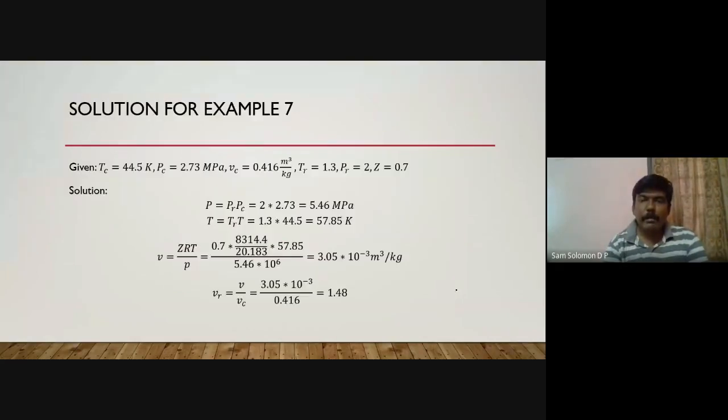A very simple problem only. Here we have not used the chart. All the values are given to us in the problem. We have just substituted the values and we have ended up getting this particular answer. A very simple problem in compressibility chart, and that too the values are given straight away. We have not used the chart at all.